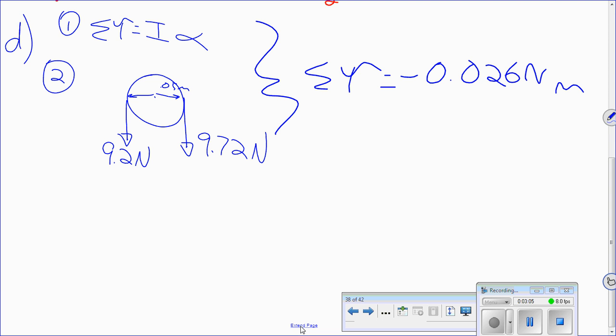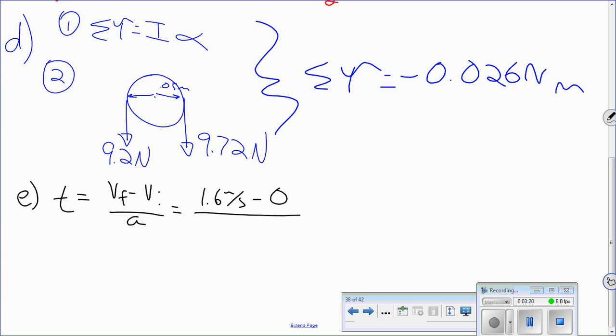For E, our time is just VF minus VI over a, just rearranging the acceleration equation. Our final velocity was 1.6 meters a second. Our initial velocity was 0. Our acceleration is 1.7 meters a second squared. So divide that out, and you get a time of 0.94 seconds.